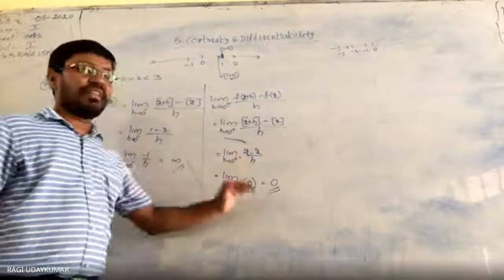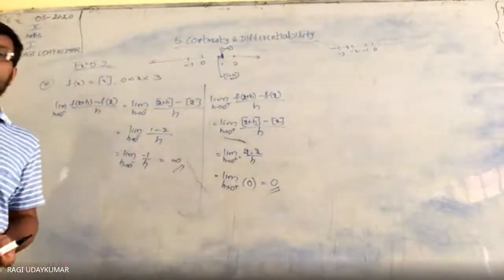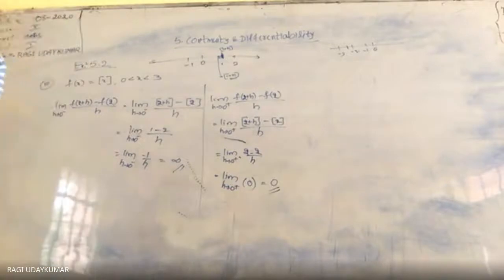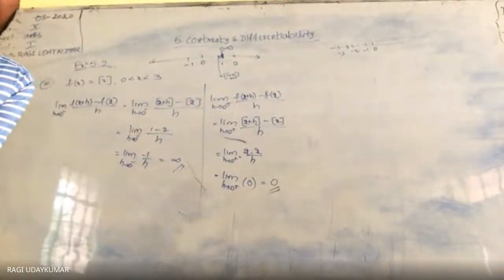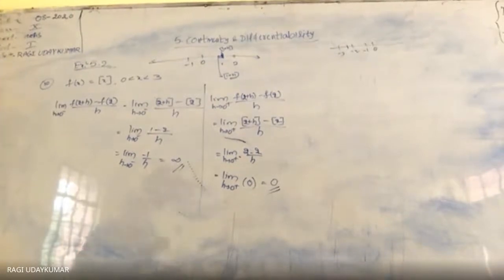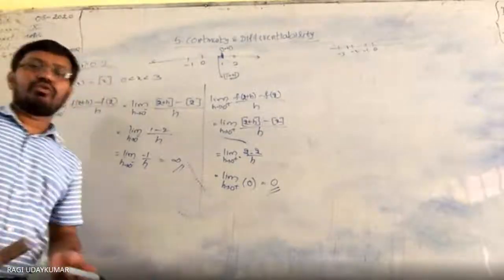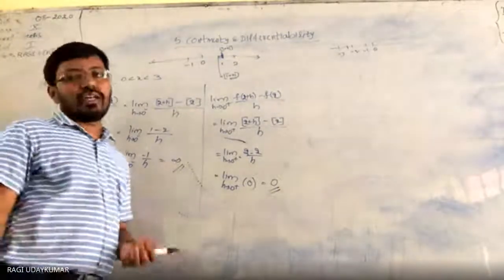Then it is not differentiable at x equals 2 also. So this is a way to prove, for functions given to you in a different way, that they are not differentiable at particular places.